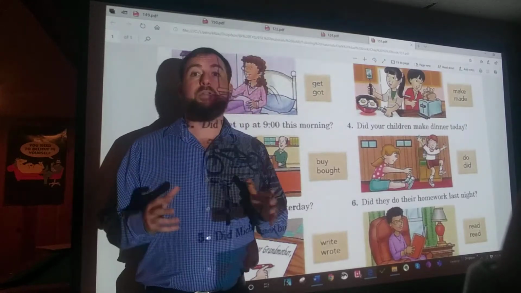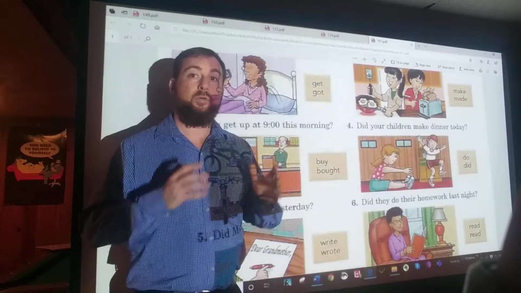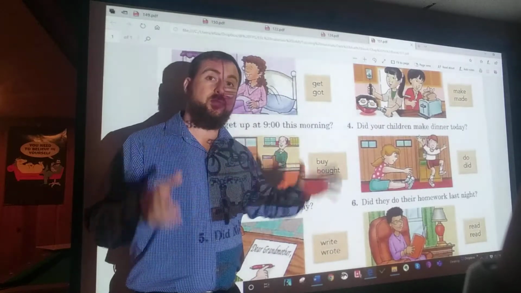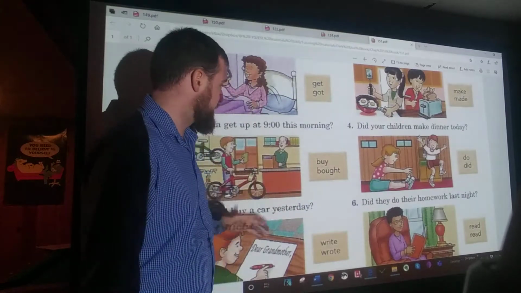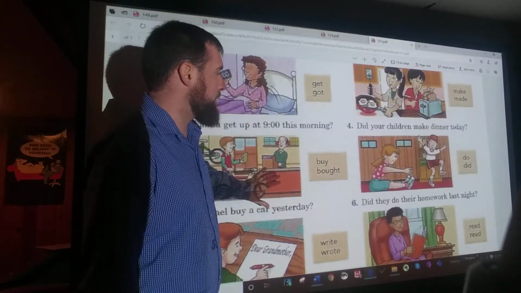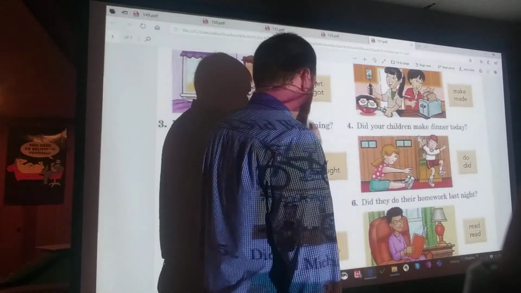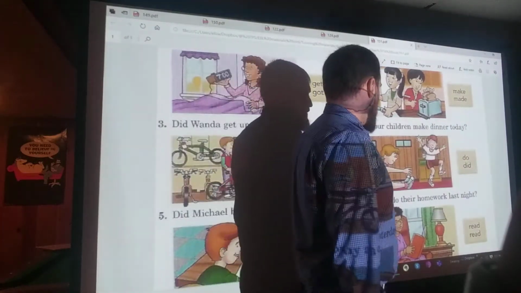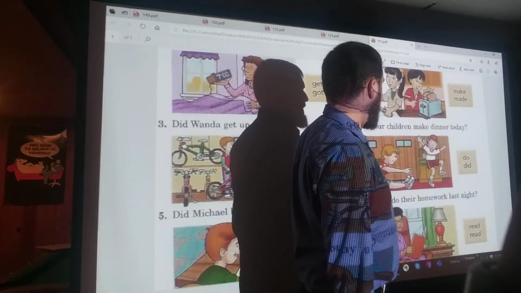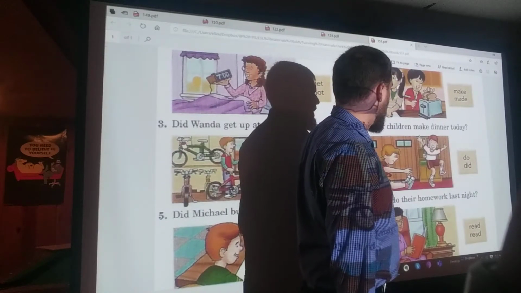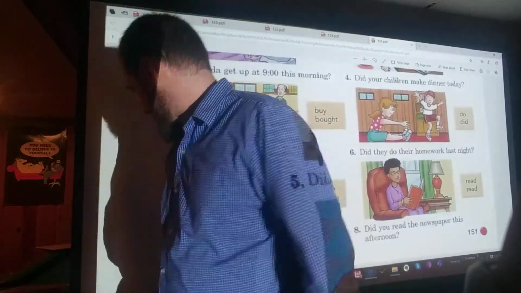And if you need to look anything up, you can look back at the page in our previous lesson where we went over all of the words before we started the chapter. Okay, you should have that because you should have the lesson you did yesterday. So we're paying attention to spelling. No excuse for spelling errors. Did they do their homework last night? No, they didn't. They did their exercises. Okay?